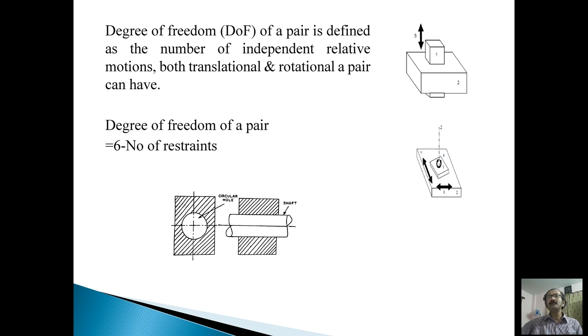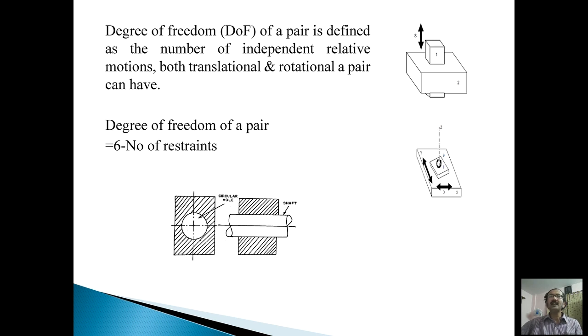In the second diagram, one plate is on another plate, so there is movement in the two directions x and y in translational motion, and in the z direction the translatory motion is restricted. Similarly, rotary motion in the z direction is also there and other rotary motions are restricted. So in this case, the degree of freedom of this pair is 3.